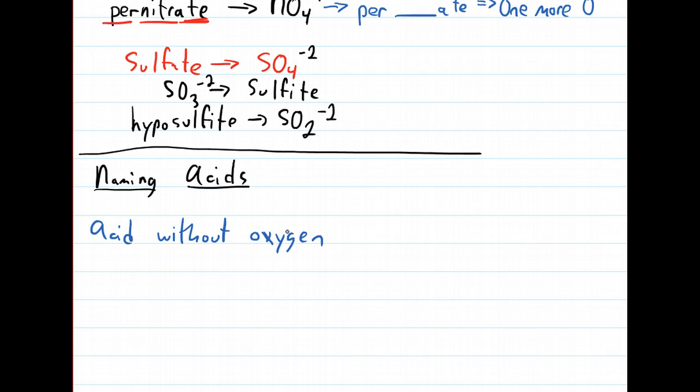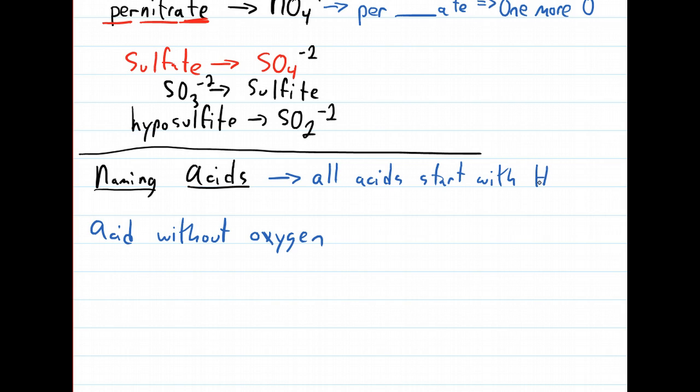Great. So if it's an acid without oxygen, well, before we even do that, to identify whether something is an acid or not, there's one big dead giveaway: all acids start with hydrogen.